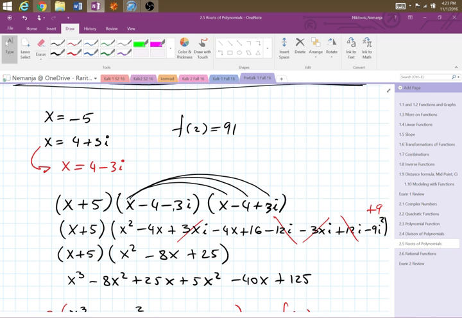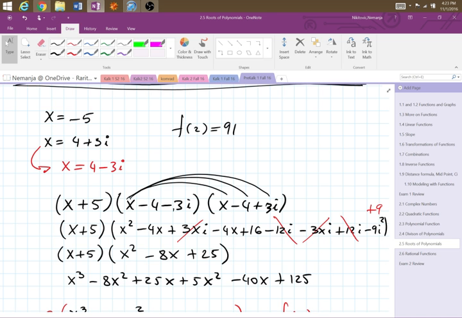You are supposed to know that if you have one complex root, the complex conjugate, which is its pair, is also on the list. And then write those roots as factors, and then multiply them out, and then obtain the polynomial. So you can't see the polynomial yet.